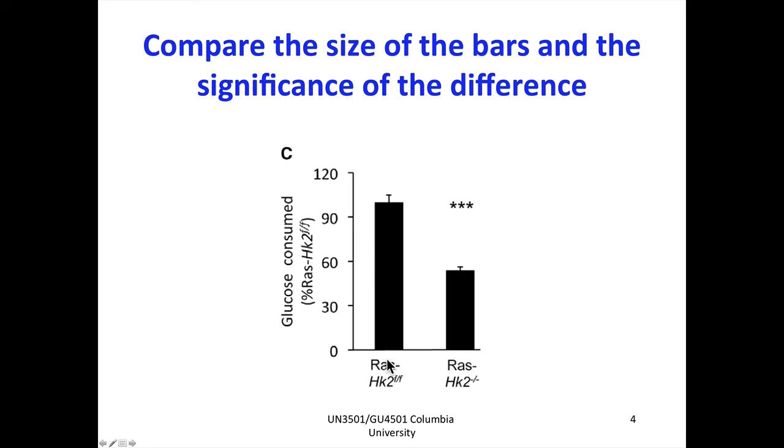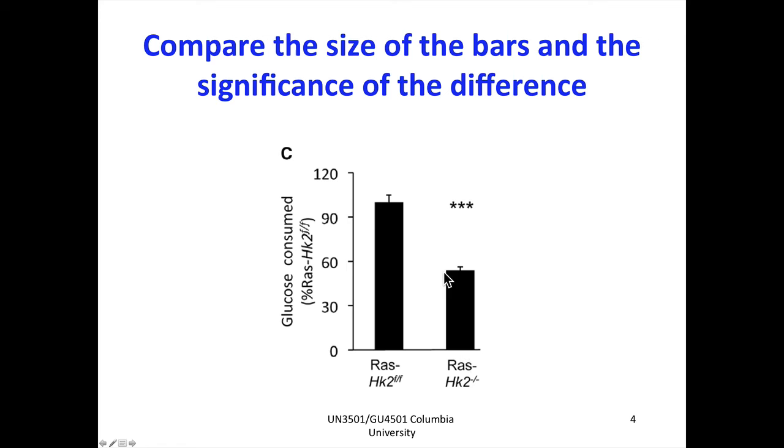So they measured the amount of glucose consumed, and that's whatever number they came up with, they set that equal to 100%. Again, there's some error associated with that measurement. Then they checked what's the glucose consumed in the hexokinase 2 null cells.